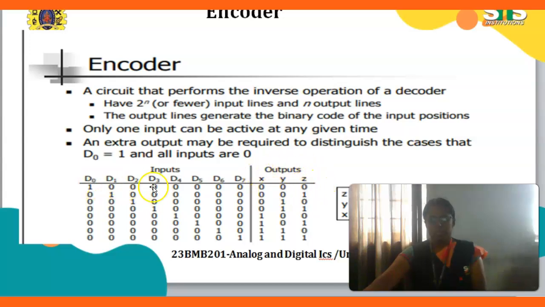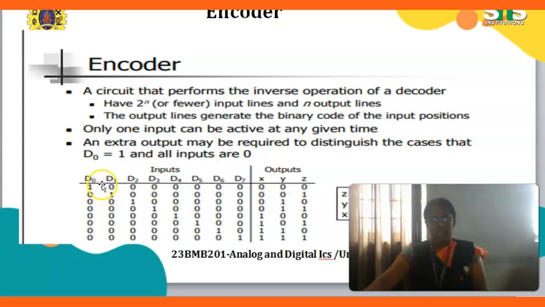So here, if D0 is 1, the outputs X, Y, Z are 0, 0, 0. If D1 is 1, the outputs X, Y, Z are 0, 0, 1. So I will repeat this.